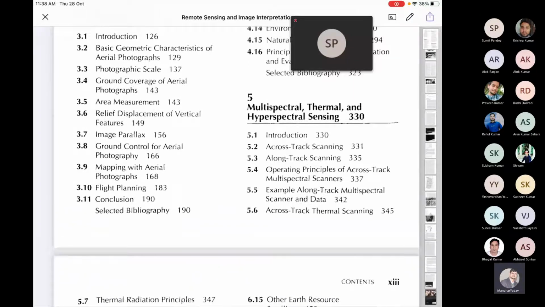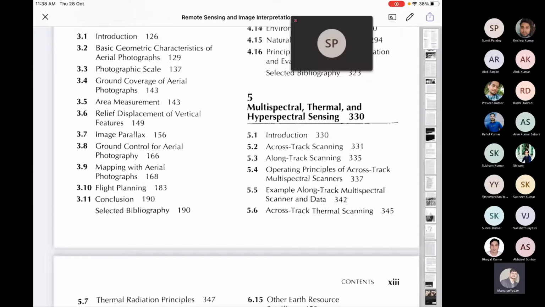So now I'm discussing the type of scanning systems, and you can get a discussion on that in unit 5. If you refer to section 5.1 to section 5.5, there you will get a discussion on what type of scanning systems we have in terms of their architecture, the way the sensors operate.